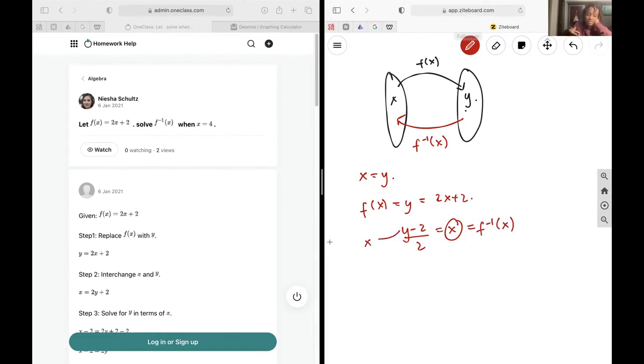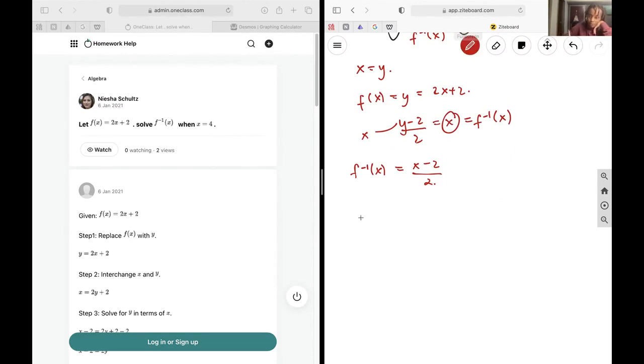That's just because we tend to call x our input and y our output. Since we're going backwards, our input, yes, it is y, but we like to call our input x. So we'll still call it x, and we'll call our output f minus 1 of x in order to distinguish the two. And so I get that the inverse function is x minus 2 over 2.